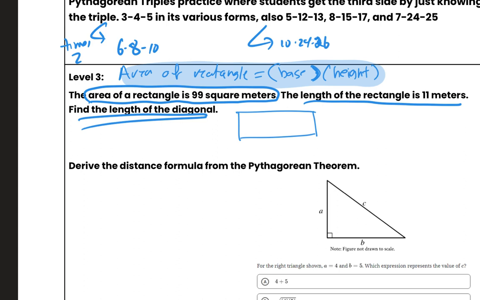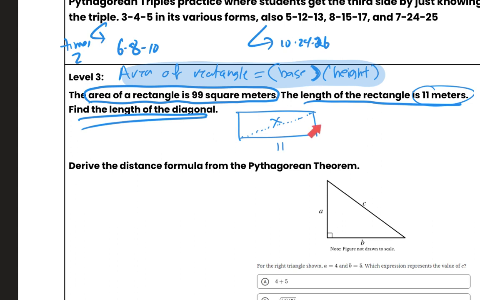All right, so we have to figure out the length of the diagonal. The diagonal is going to be this right here. That's called the diagonal, and that's what we're trying to find out. It says the length of the rectangle is 11, so the length is 11. We know that.